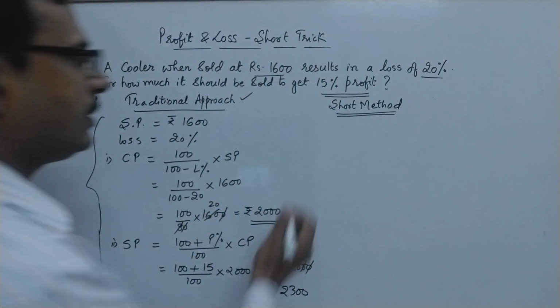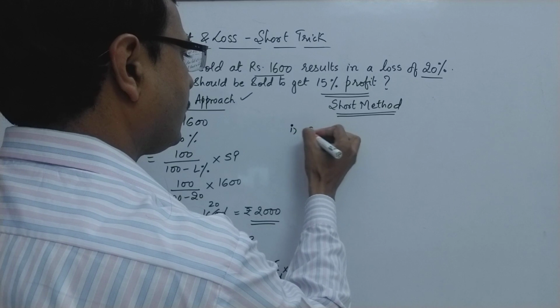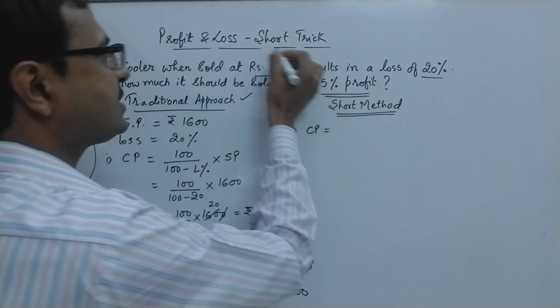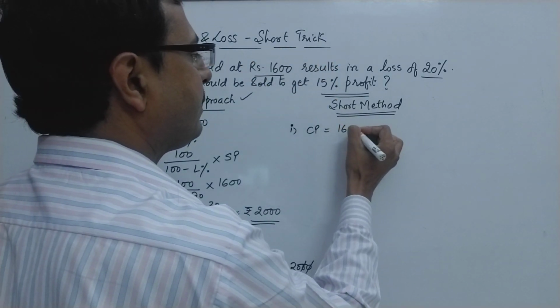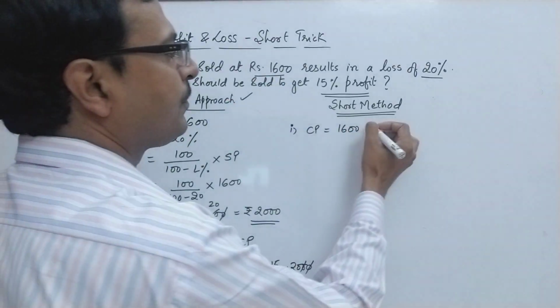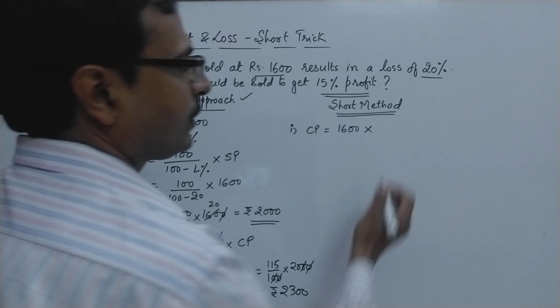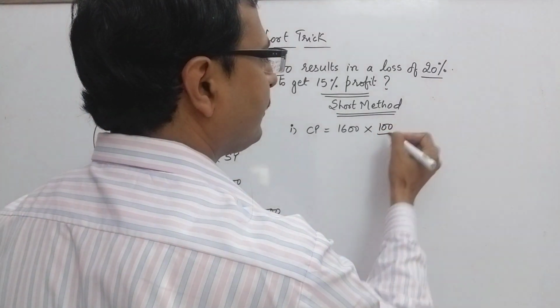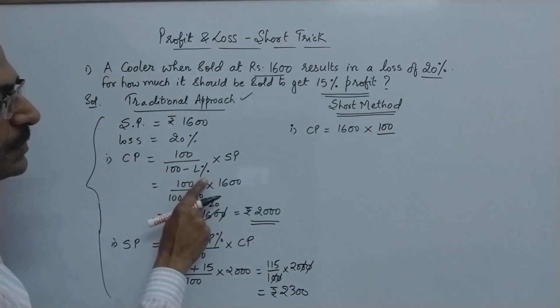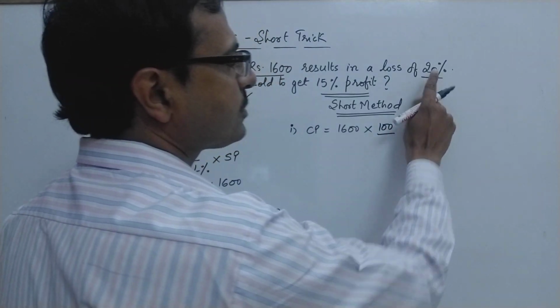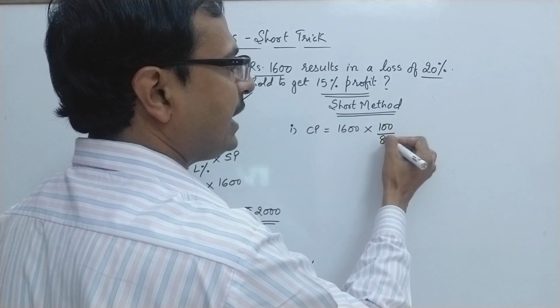Now for finding the cost price, the first step, you have to just write the selling price in the first case 1600, and then if you have a loss of 20%, then 100 divided by 100 minus loss percent, so 20% loss means you have to write 80 in the denominator.